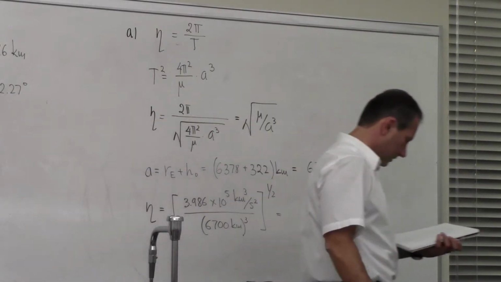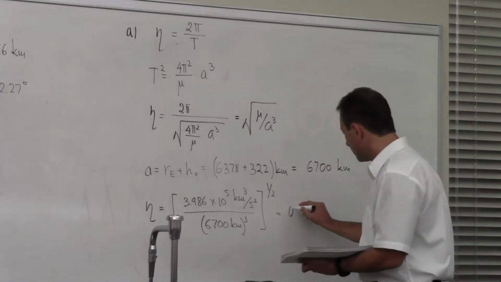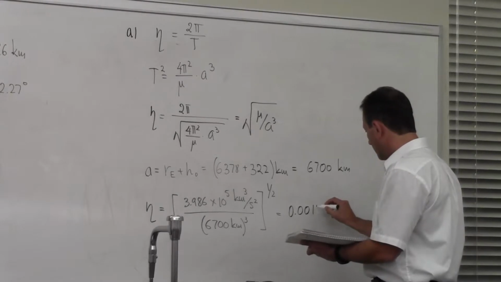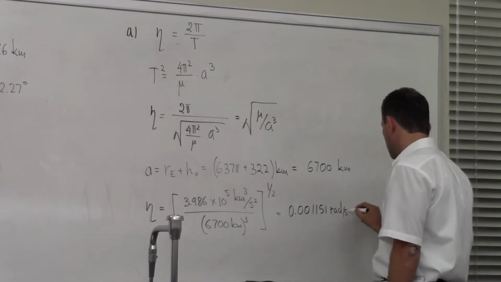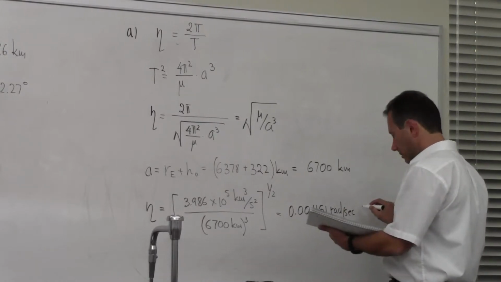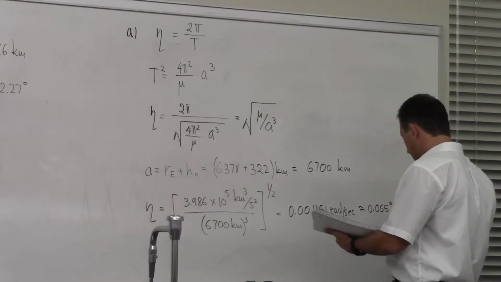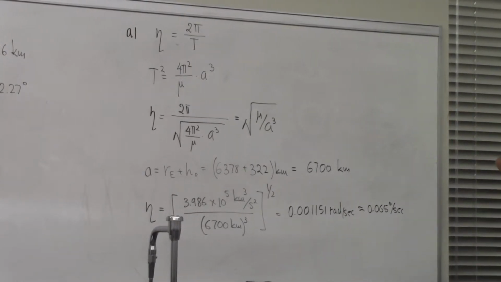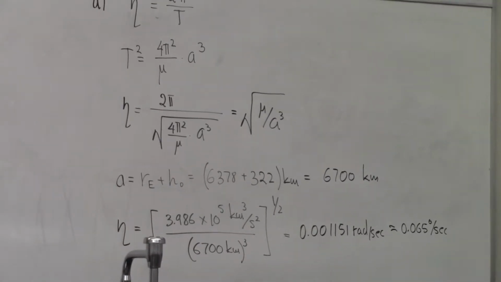When you calculate this, it's about 0.00151 radians per second, or roughly 0.065 degrees per second. So that's how fast the International Space Station moves across the sky.